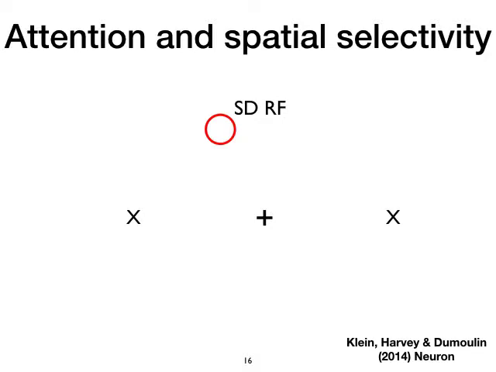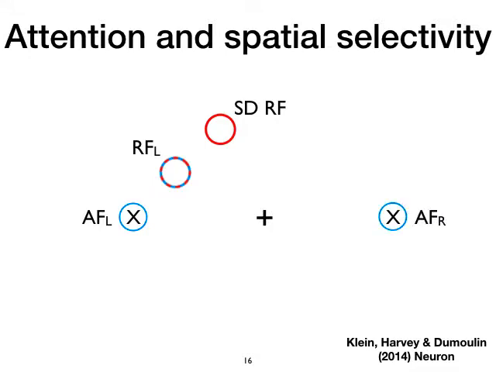If we have a spatial receptive field like this, and we're attending to the left, this attended location on the left seems to draw the spatial preference of this receptive field towards it, like so. So this is the receptive field that you'd measure under the influence of attention to the left.